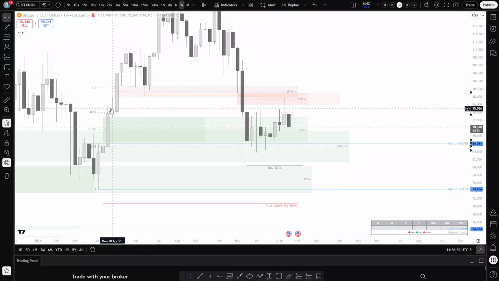The high on this candle is 97,938, and the high on this candle is 97,939. $1 off. And this is Bitcoin. This is not like every exchange has a slightly different price. So that's quite remarkable. So what we did is we went $1 higher than over here into the little bit of the imbalance above there.